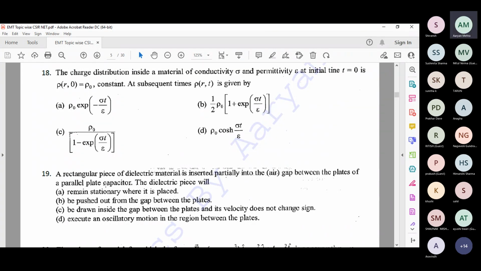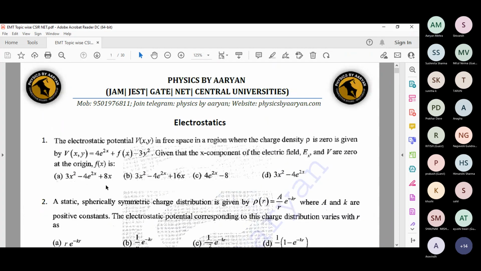Perfect. So if you practice all these questions, I will only share this PDF in which there are questions. I will not share the PDF in which there are solutions. That is available to the course students. So this PDF I can share, there is no problem. I think this will help you.